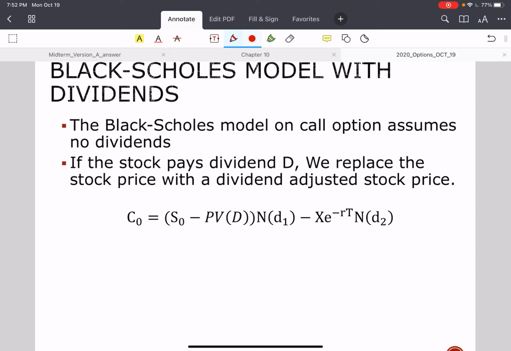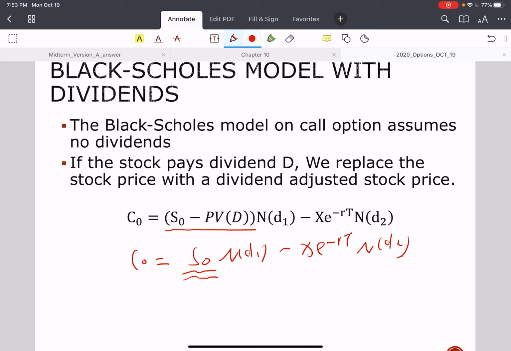Remember that the original formula when the stock does not pay dividend is given by this. And if the stock pays dividend, what you do is you just adjust this stock price. How do you make this adjustment? Well, you could use the stock price minus the present value of the dividend, right? So this will give you the valuation formula when this stock pays dividend.